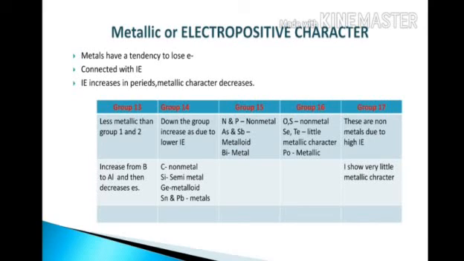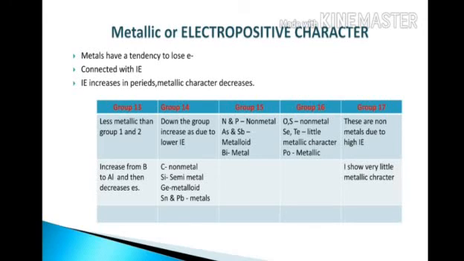In group 16, the elements have very little metallic character because of high ionization energy. In this, oxygen and sulfur are non-metals, selenium and tellurium have very little metallic character, while polonium is metallic.